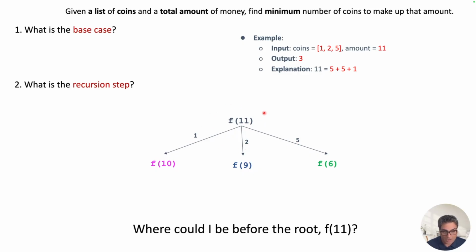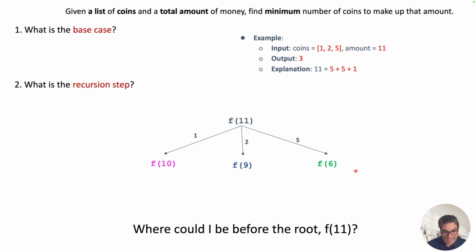And in order to do this optimally, I have to first build 10 optimally and add 1 coin to get to 11, or build 9 optimally and add a coin to get to 11, or build 6 optimally and add a coin with value of 5 to get to 11. So these are my subproblems. In order to solve this problem, I have to solve this problem and this problem and this problem.